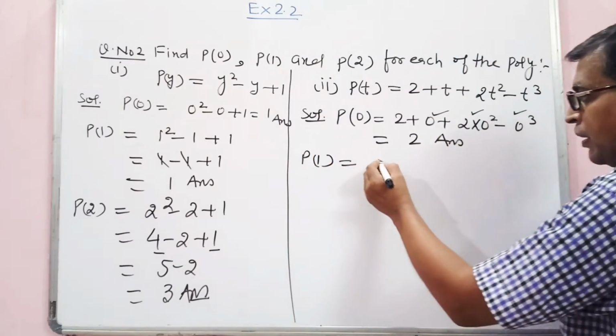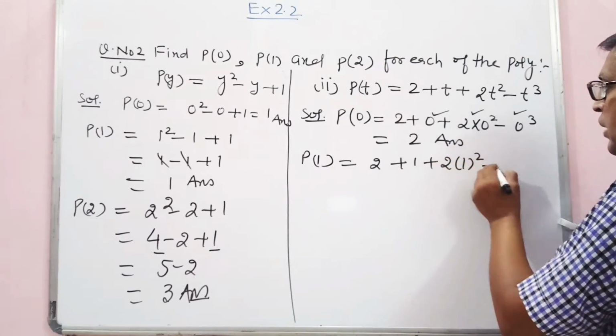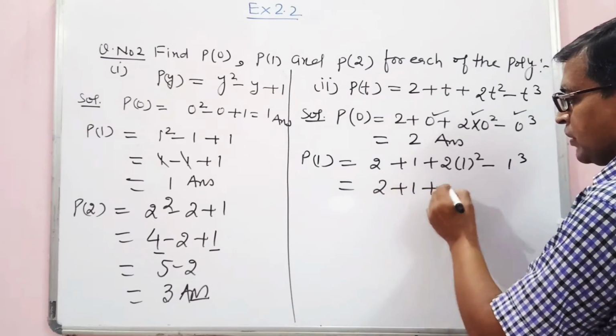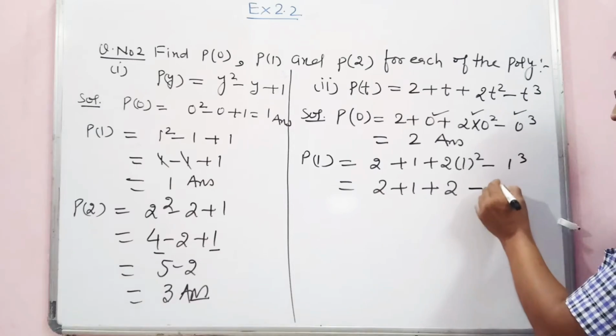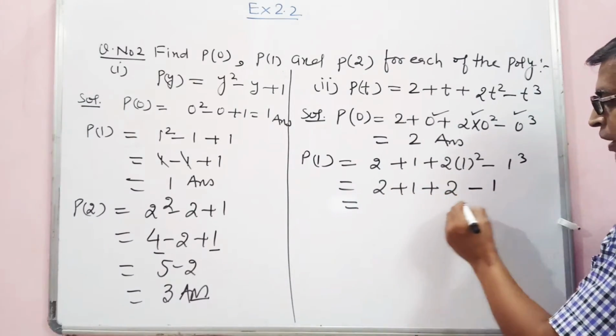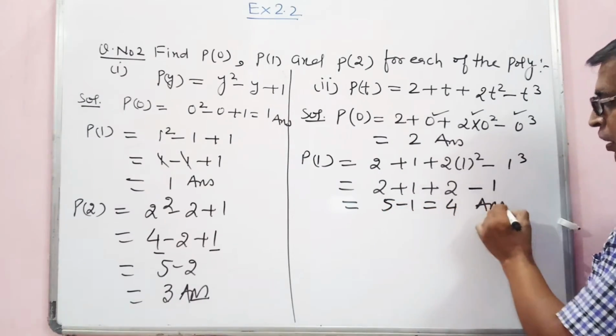Now where t is, we write in 1. 2 plus 1 plus 2 into 1 square minus 1 cube. 2 plus 1, 3 plus 2, 5, 5 minus 1, 4 answer.